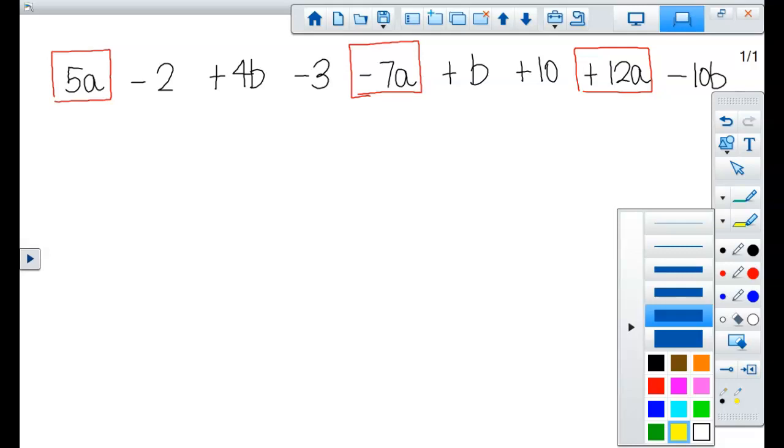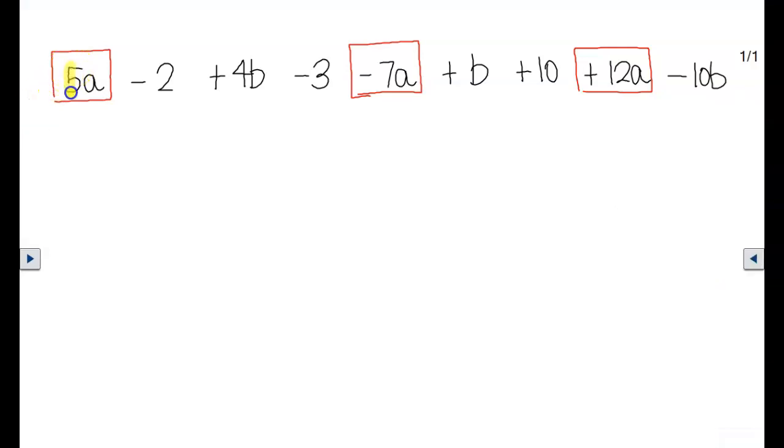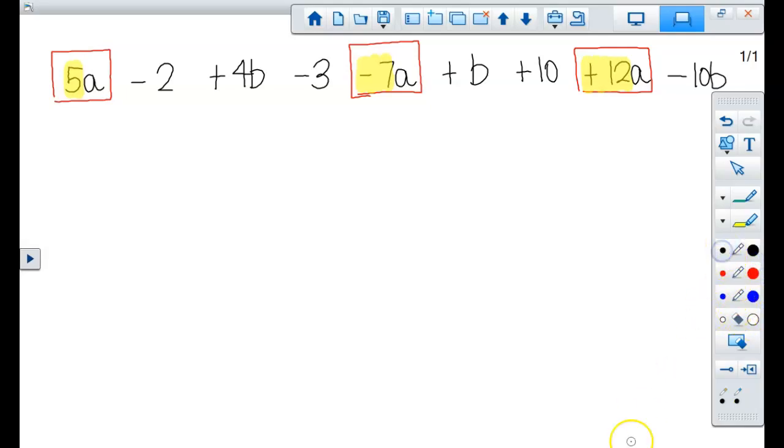To combine them, I work with the number parts. So I have 5 minus 7 plus 12. And here's where you might want to grab your calculator to help with this. So 5 minus 7 is a -2, and a -2 plus 12 is a positive 10.